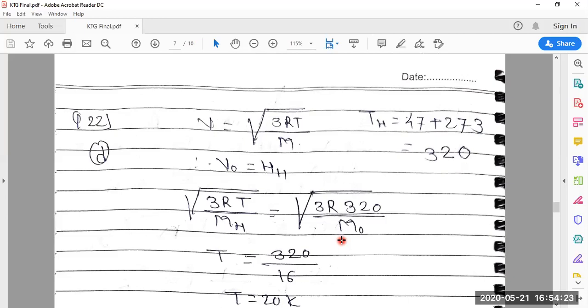You have to calculate the temperature for two gases, hydrogen and oxygen. We write down the equation of RMS velocity, the square root of 3RT upon M. The temperature for oxygen is 47 degrees Celsius, so it is 320 Kelvin. Comparing the velocities of oxygen and hydrogen, which are the same, 3RT upon the molecular weight of hydrogen equals 3RT upon the molecular weight of oxygen.